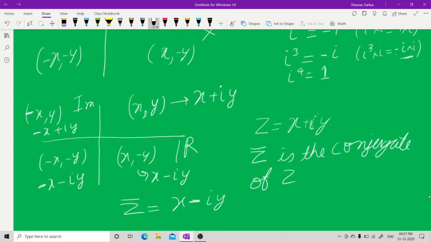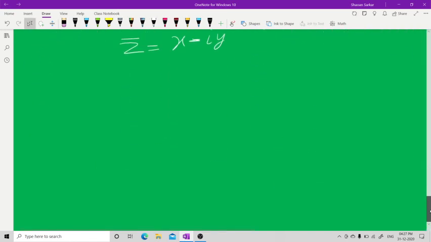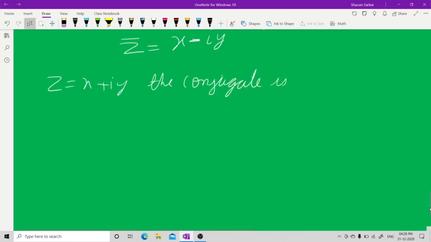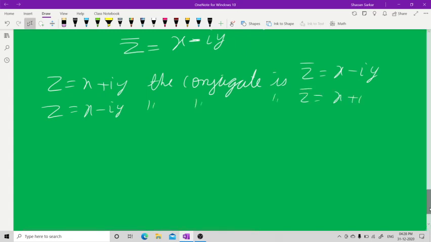Let me make the thing more clear to you with some more examples. If z is x plus iy, the conjugate is z bar, that is x minus iy. If z is x minus iy, the conjugate z bar is x plus iy.